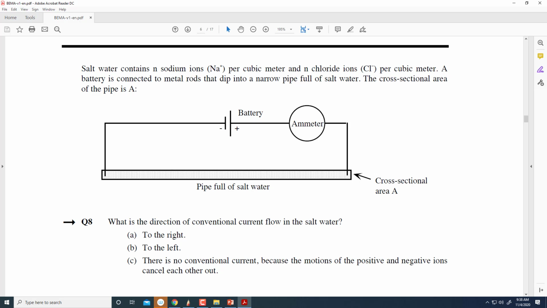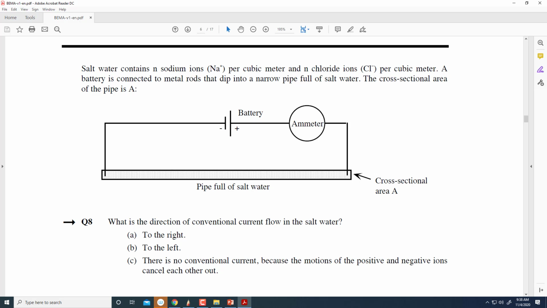So the question is, what is the direction of conventional current in the salt water? Conventional current is the flow of positive charge.